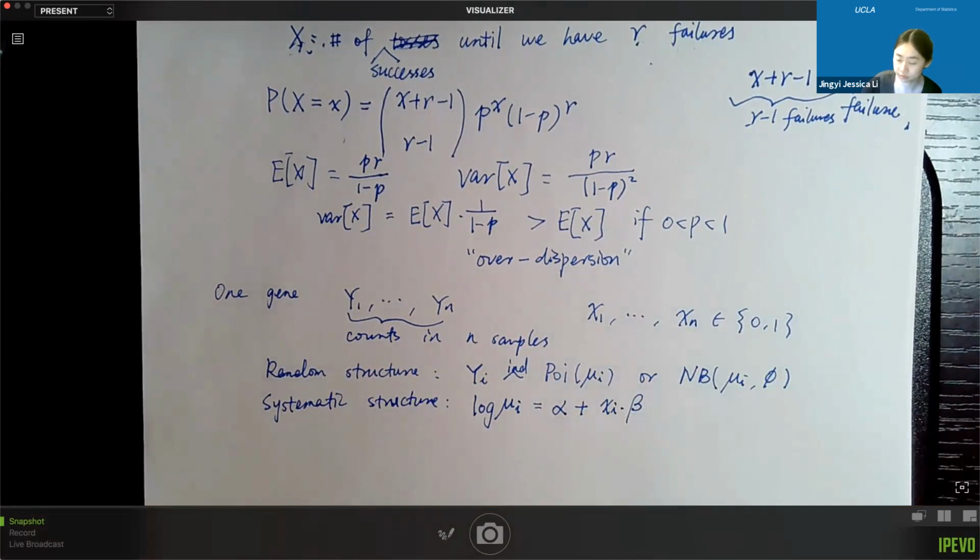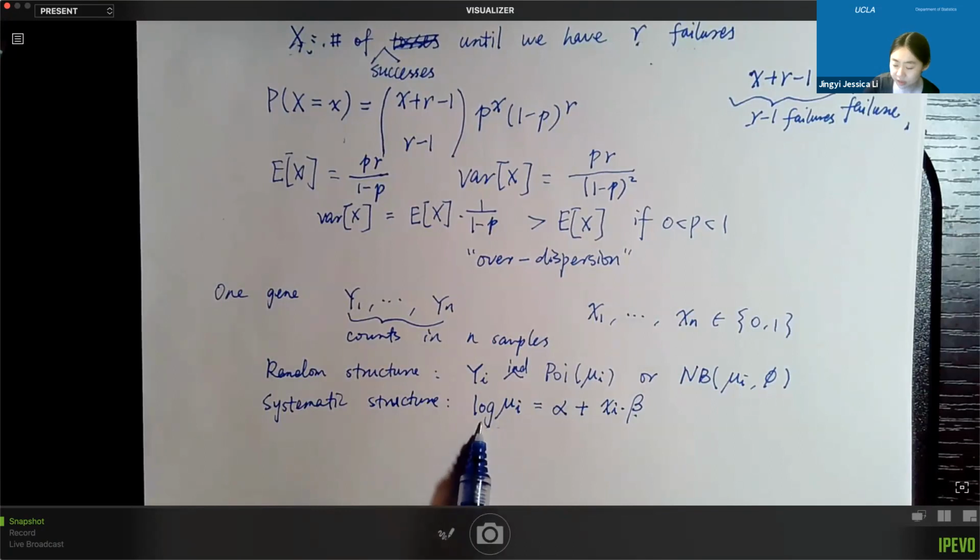That's what this model is about. By running that regression function, like GLM or GLM.NB, we're going to estimate this alpha and this beta.